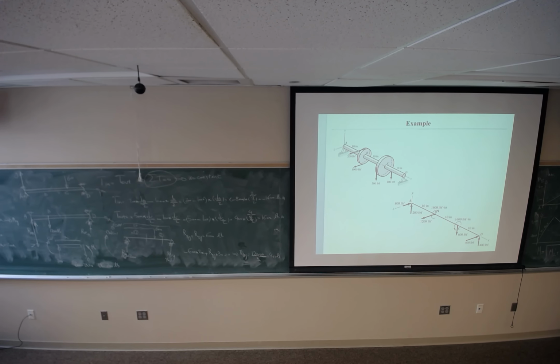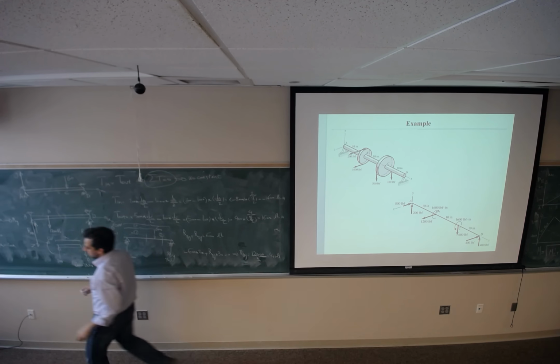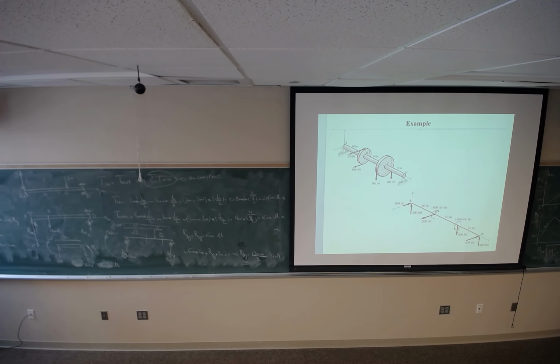Whatever is the Mz is coming here, whatever is the My is coming there, and M at C is going to be, this is 4,000, 4,000 squared plus the other one also is 4,000 squared. Compare these two values and come out with the critical section.